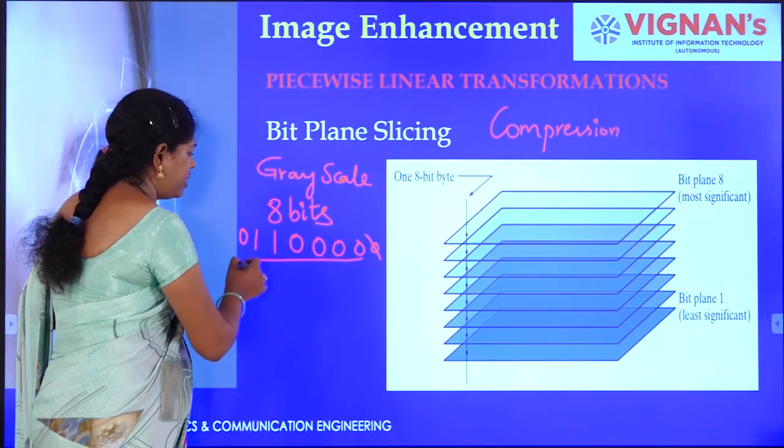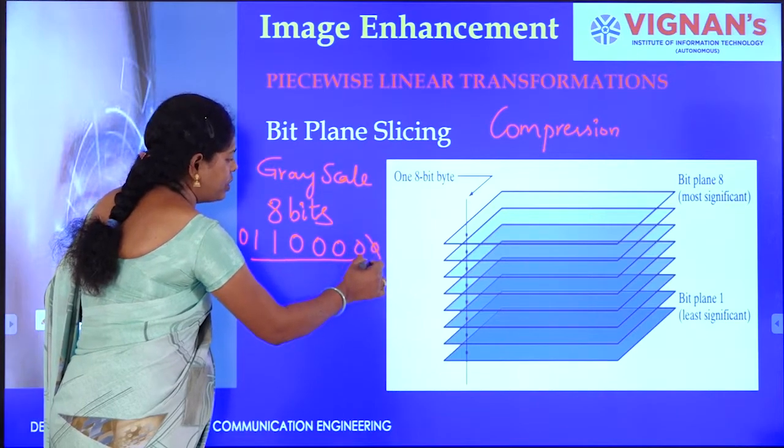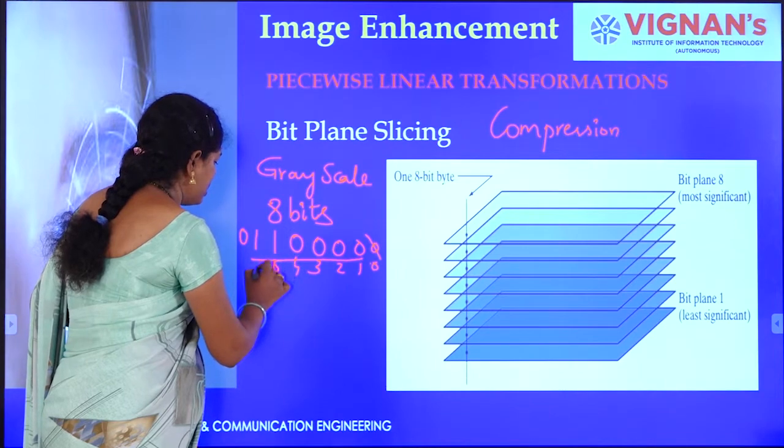What is this value, hexadecimal or decimal? It is 2 power 0, 1, 2, 3, 4, 5, 6, 7.